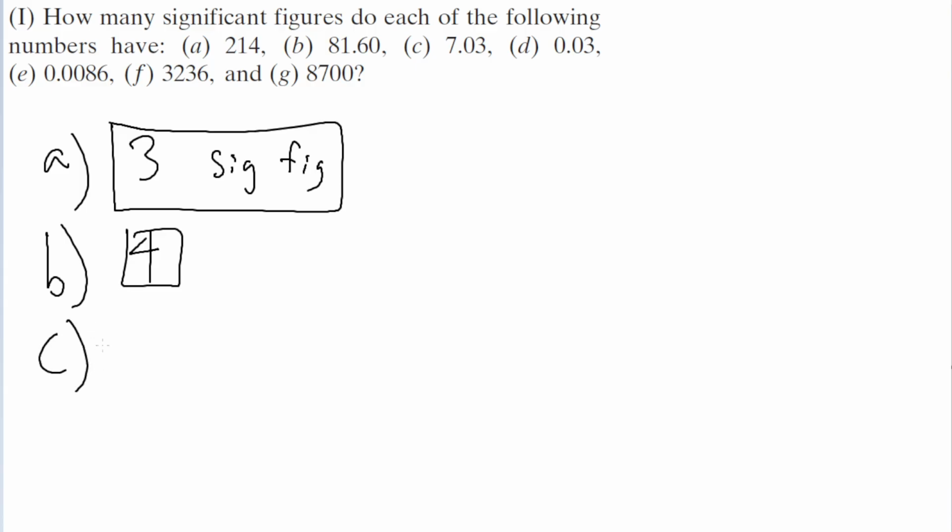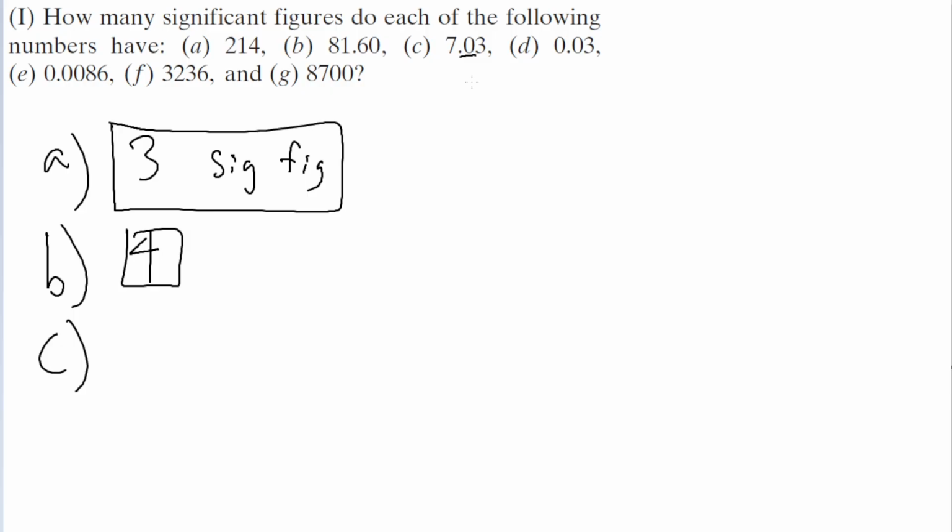For part C, our number is 7.03. This time there are no trailing zeros. There are no zeros to the right of the final non-zero digit, that 3. But we do have a 0 in between the 7 and the 3.